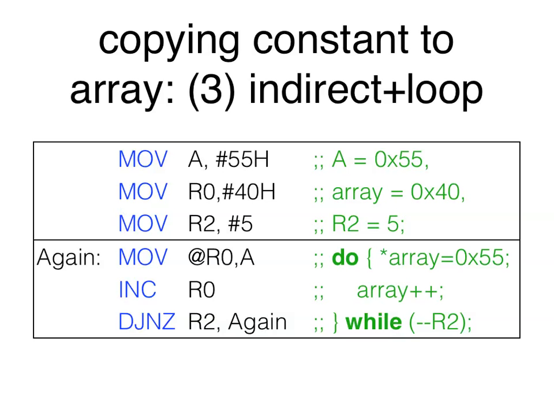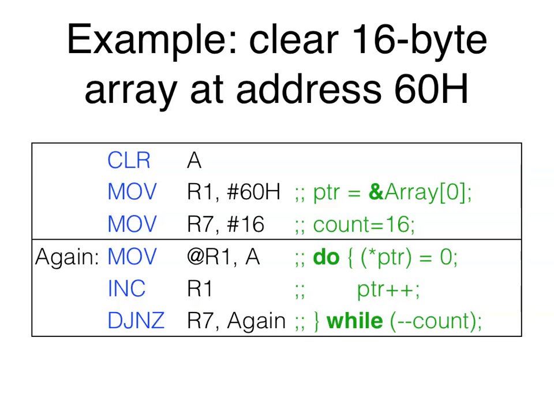And it's important that you know what your code looks like even when you write the high level language, because sometimes a small little difference in the high level language can make a big difference in the assembly level. Okay. This is another one which is to clear 16-byte array starting at another address. Overall structure looks very much the same.